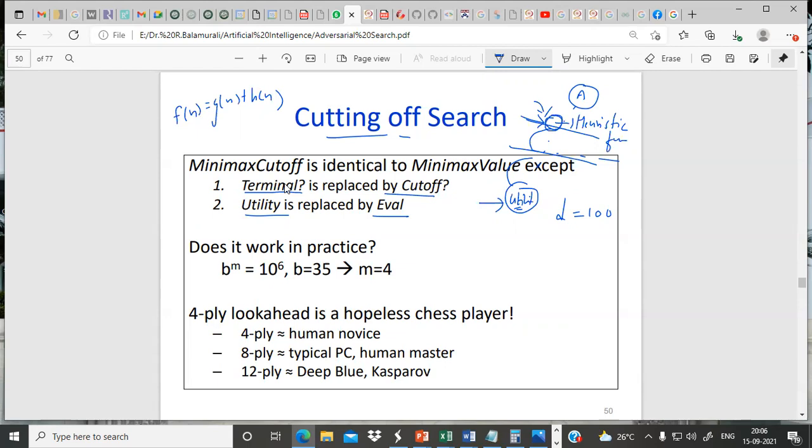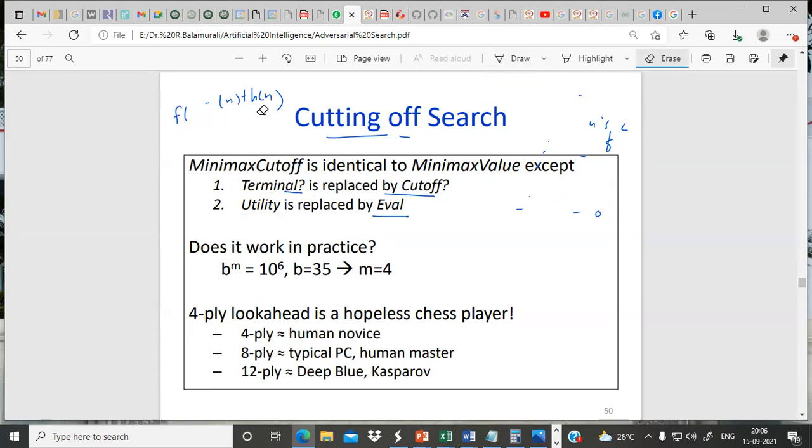It's an estimation, not the real thing. This estimate should guide us whether we are going in the proper direction, or tell us how promising this path is. Based on this estimate, the algorithm will take the most promising path and ignore the less promising paths. That is the whole thing we are going to do.